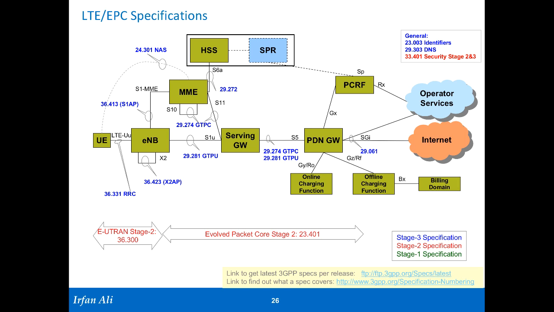And those network nodes we haven't covered so far in the previous slides, but there are a few more nodes, and there are a few more interfaces that come about because of that.